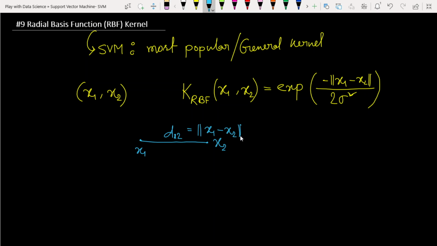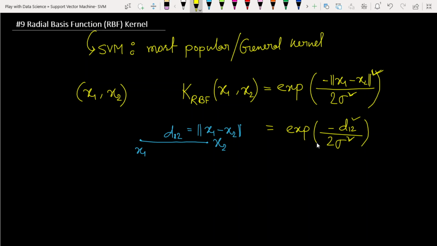So instead of writing x1 minus x2 again, we use d12. Don't be confused about that. Sorry, one thing I missed: there will be a square here. Now this formula is converted to exponential of minus d12 the whole square by 2 sigma square.